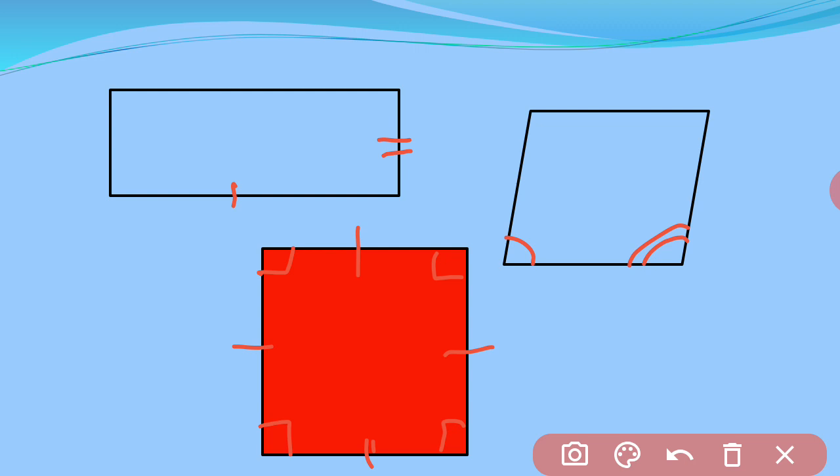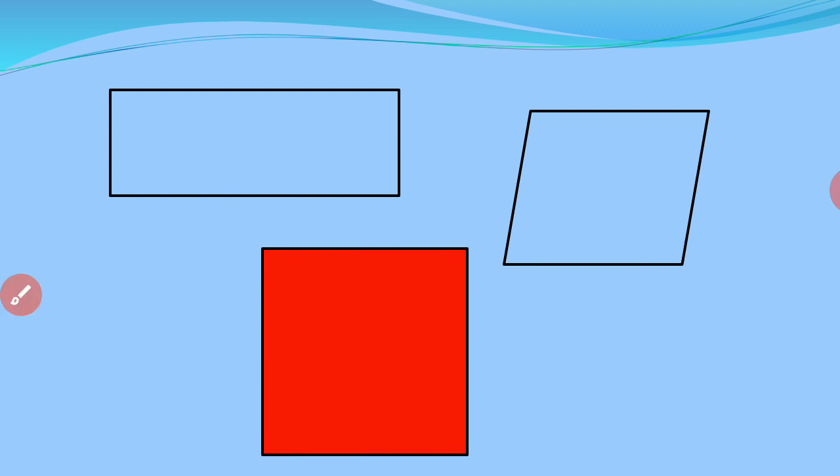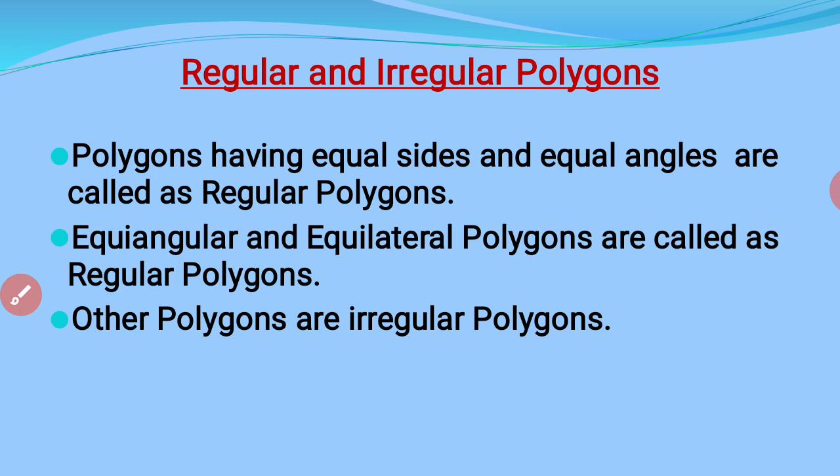Whereas the red colored figure, that is actually a square, is a regular polygon because all the sides are equal and all the angles are equal. So the first definition is polygons having equal sides and equal angles are called regular polygons.